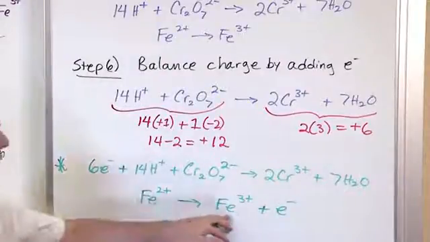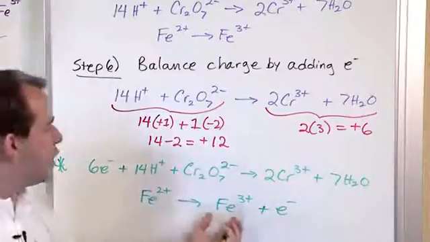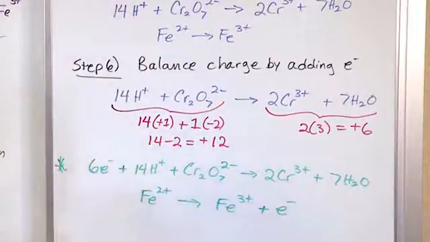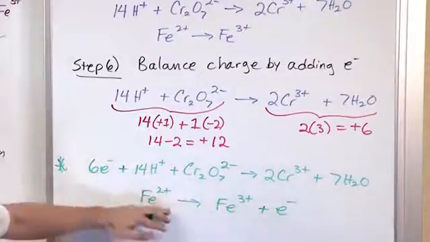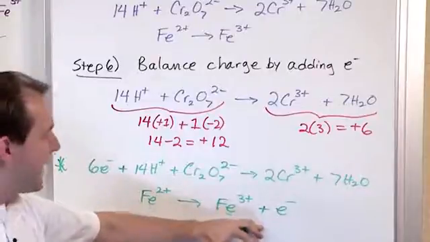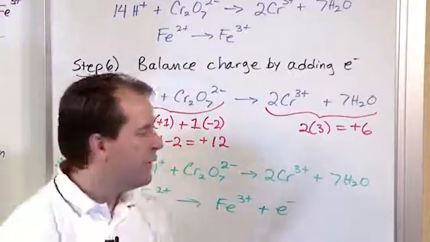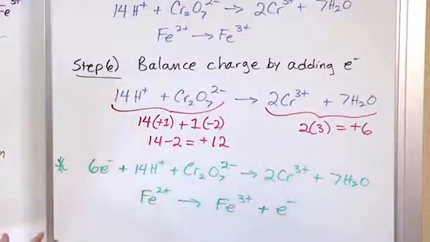If they're simple like this, where you just have one ion going to another ion, it's very easy. I know that there has to be an electron there. I know that there has to be an electron here because I have a positive ion, that's +2, and it's going more positive. The only way that can happen is if I lose an extra electron. So what you do when it's very simple is you can just write the electron wherever it makes sense.